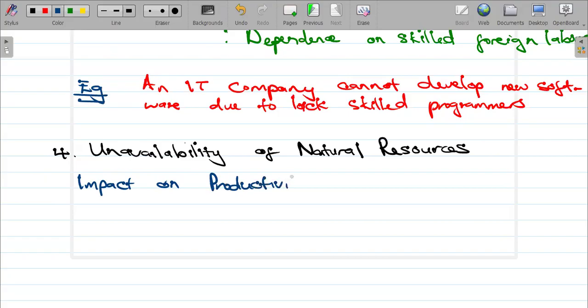Unavailability of natural resources. You can find the disruption of production processes, because the resources are not available, so the production process will be disrupted. And also there will be increased cost of sourcing raw materials since they are scarce.